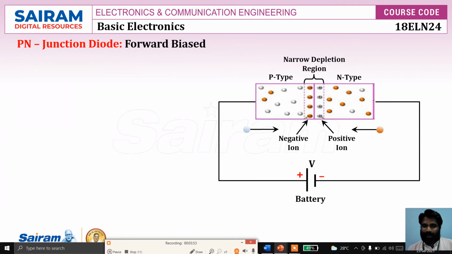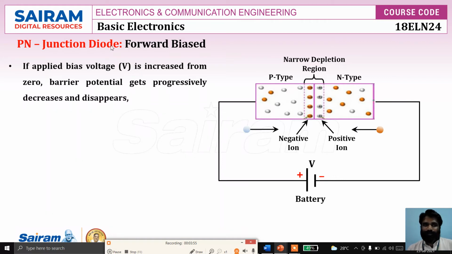As we further increase the applied voltage from 0, the potential barrier progressively decreases. I mean, the depletion region progressively decreases and disappears.